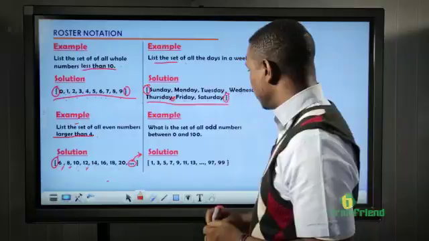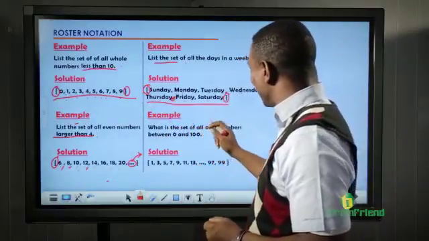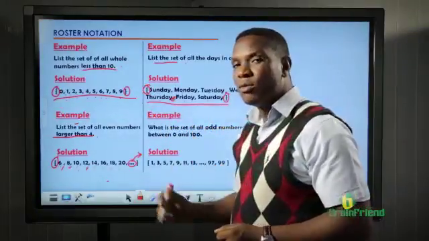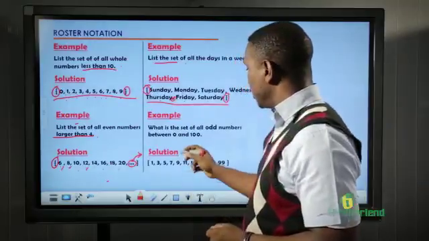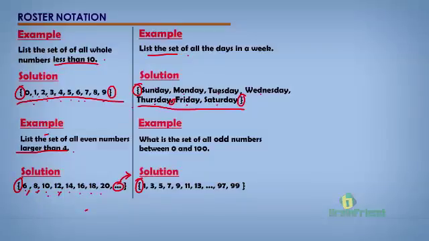Let's take the last example. What is the set of all odd numbers between 0 and 100? Again, we'll write out our open curly brackets and begin to list our odd numbers between 0 and 100. If we were to list every individual number between 0 and 100, we'd have quite a long list. Probably would go on for maybe 2 paragraphs.